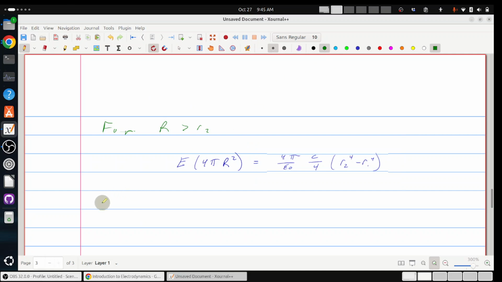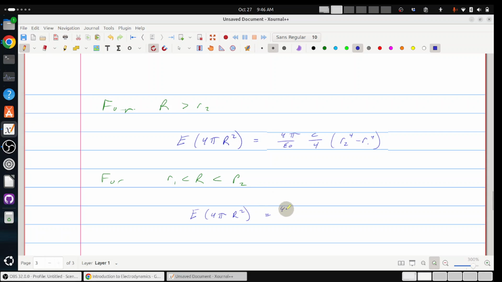And then for R1 less than R but less than R2, I would have E times 4 pi r squared equals 4 pi epsilon naught c over 4 (r to the 4th minus r1 to the 4th).